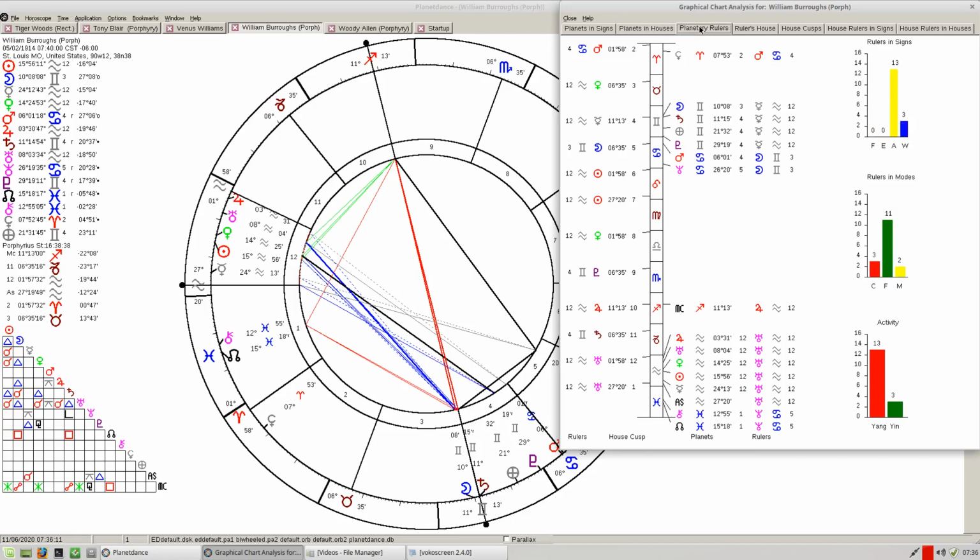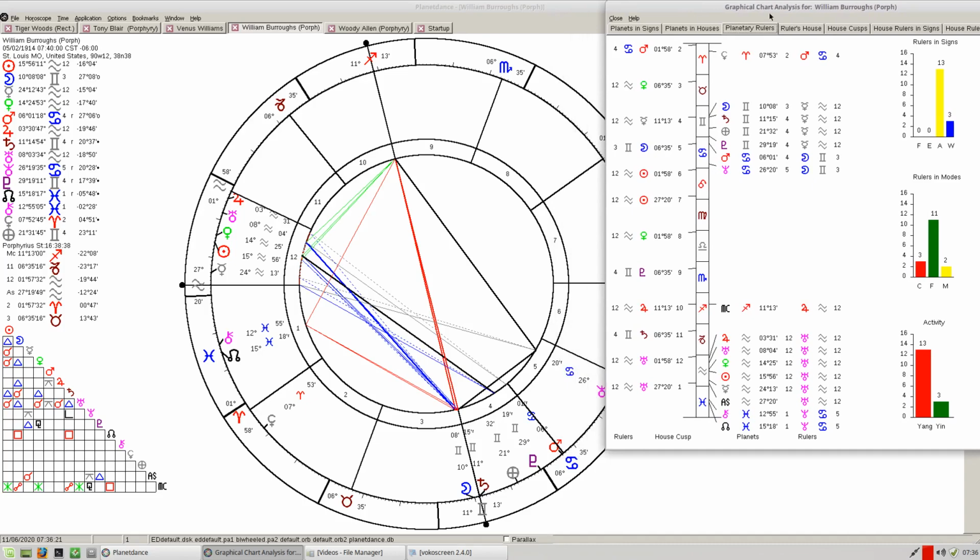So just lastly then, to show you an example of how you can read the planetary rulers using the graphical chart analysis. Most of Burroughs' planetary rulers are in air signs.